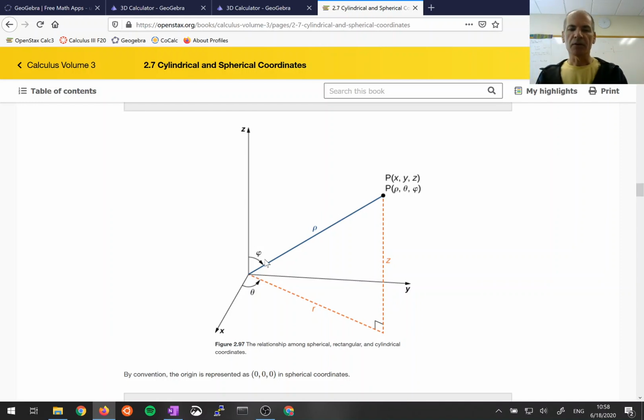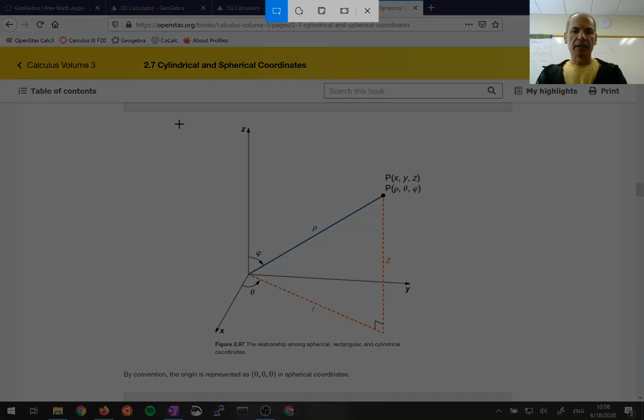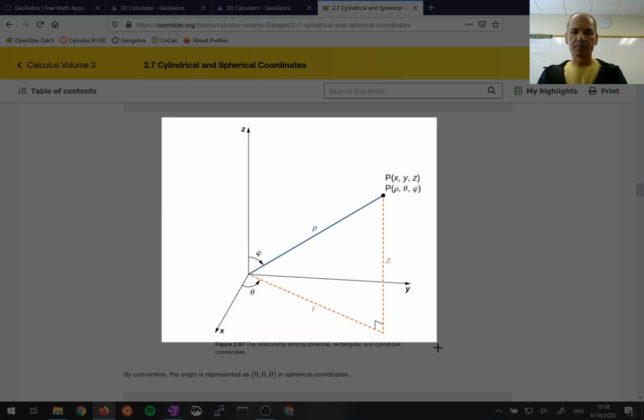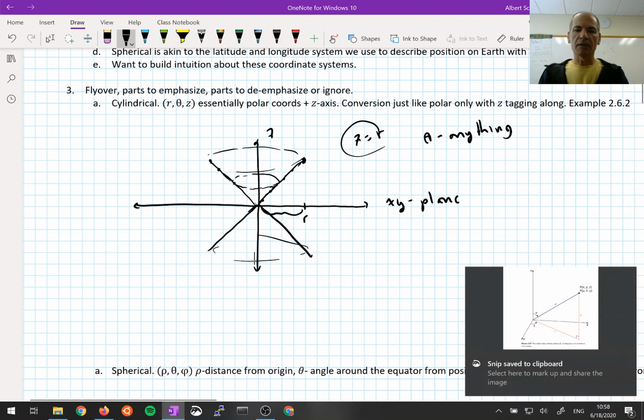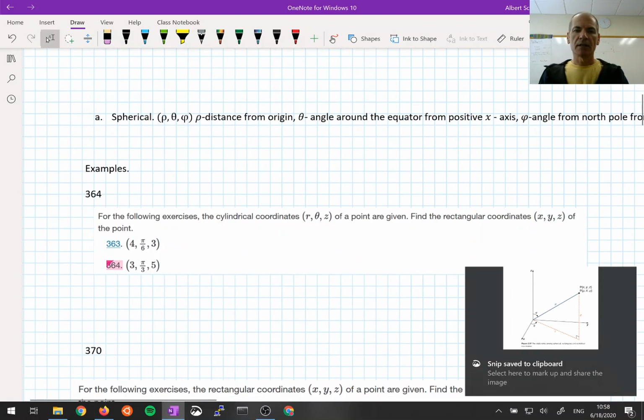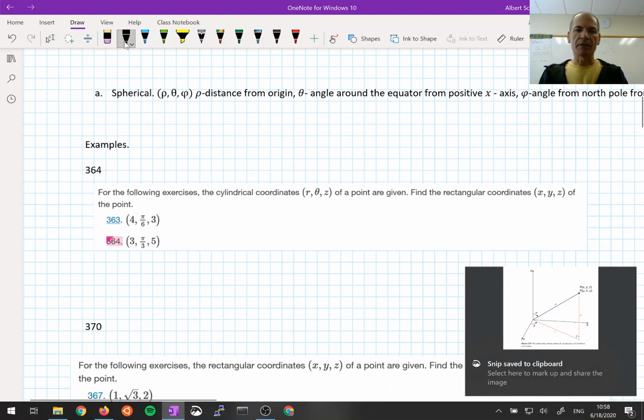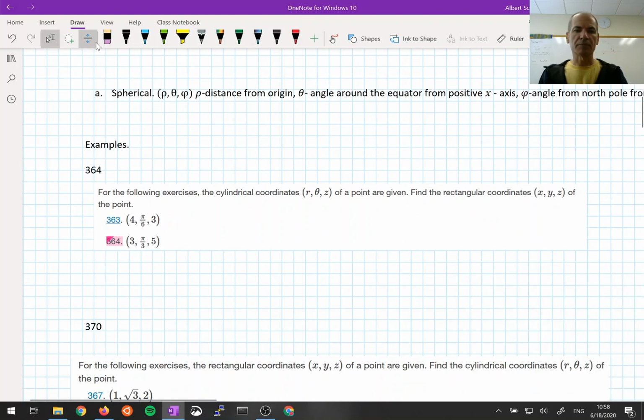Together, these three quantities, rho, theta, and phi, are capable of locating any point in three-dimensional space. I'm going to grab a copy of this and bring it into our notes so that I can emphasize a little bit the trigonometric relations that are happening in this figure.